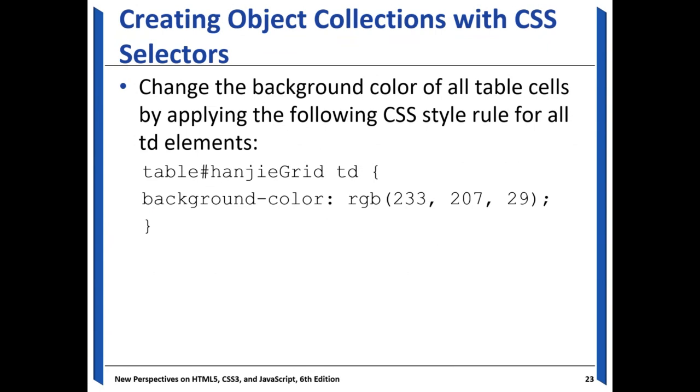You can also use JavaScript to change the background color. For example, you can apply the following CSS style rule for all the TD elements when you're working through this. So we set up the table, the grid, and we change the background color to these RGB values.